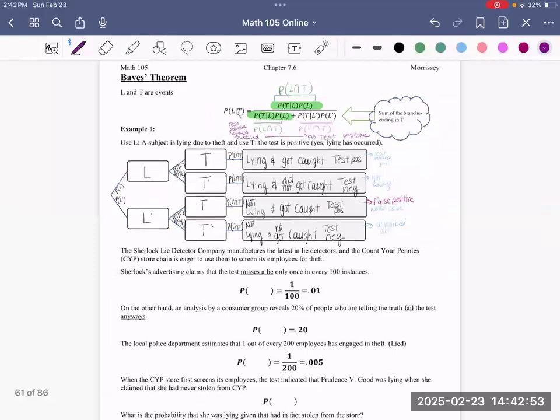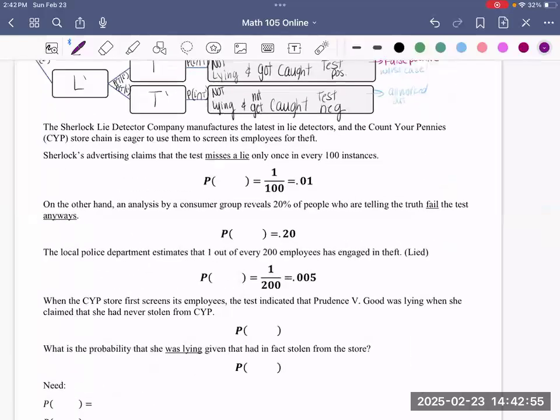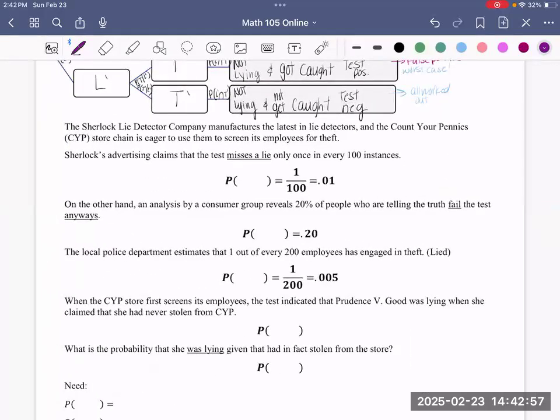So now let's see our context. It says, the Sherlock Lie Detector Company manufactures the latest in lie detectors, and the Count Your Pennies CYP store chain is eager to use them to screen its employees for theft. Now, Sherlock claims that tests miss a lie only once in every 100 instances.